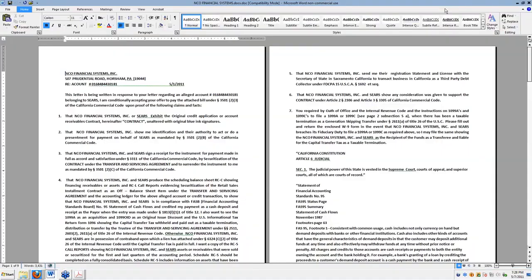This is a letter to Prudential Financials up in Pennsylvania. Okay. This letter is being written in response to your letter regarding an alleged account number belonging to Sears.